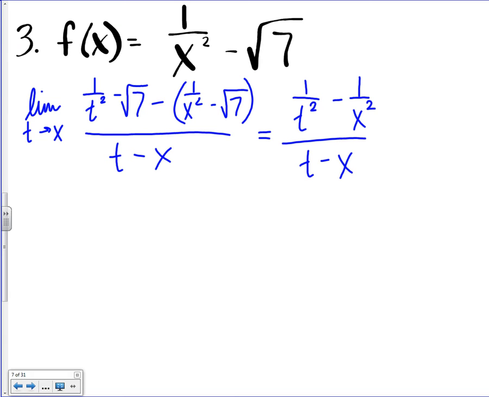So let's do some manipulating. Completely legal, and it's going to get rid of my fractions within fractions up top there.